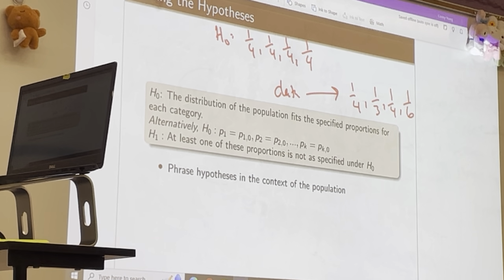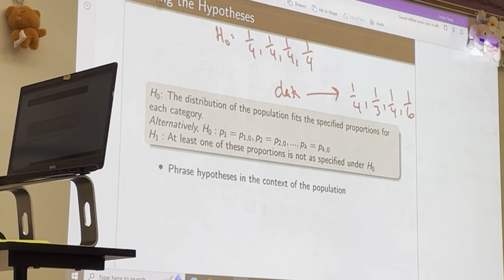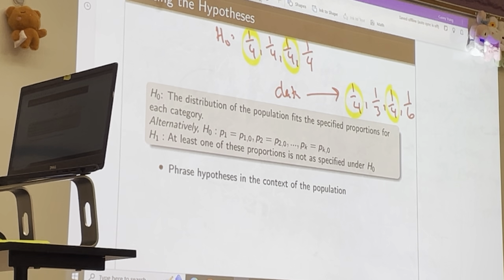What happens if my sample data gives me that distribution? Well, notice that the null is saying that these 2 matched up, but then the other 2 didn't.